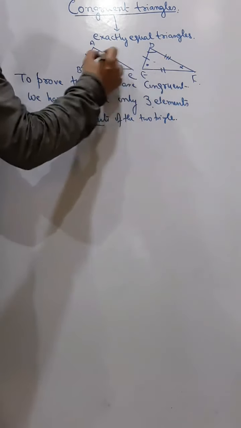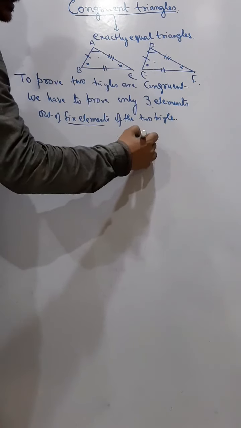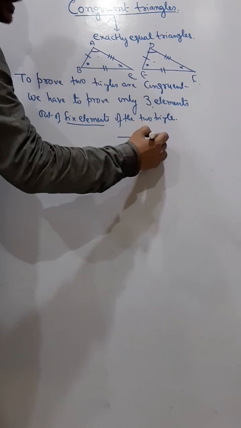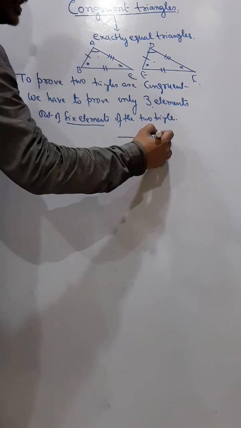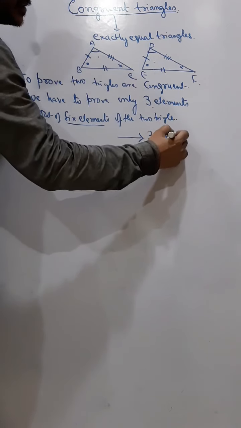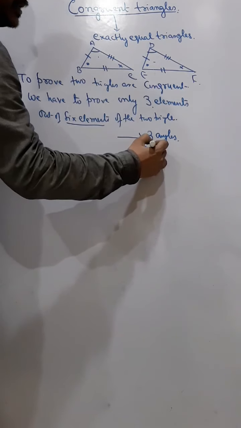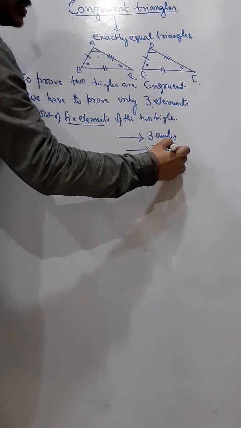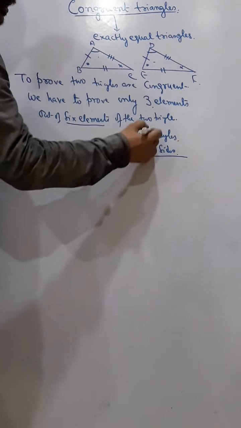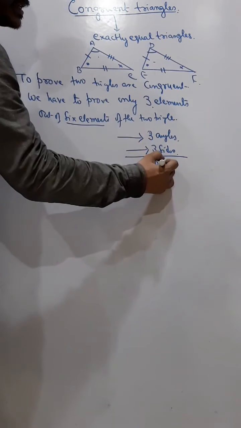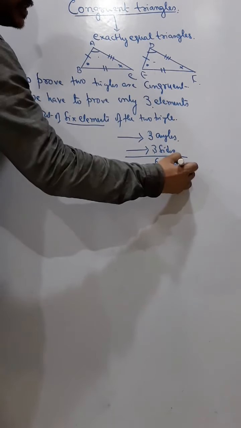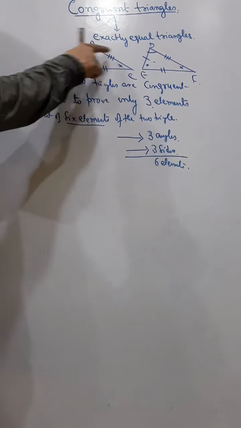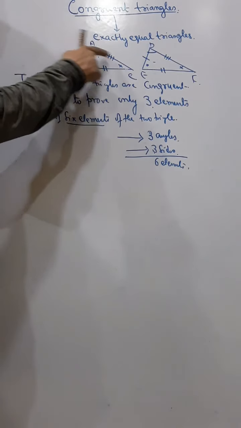In these two triangles you can see that in every triangle there are six elements: the three angles and three sides. So we are referring to these as six elements, right? Every triangle has three sides and three angles.